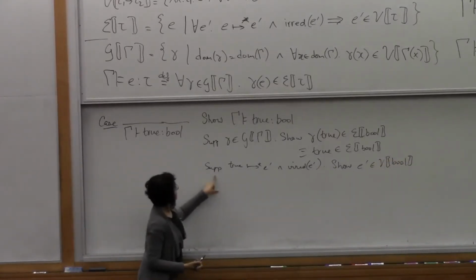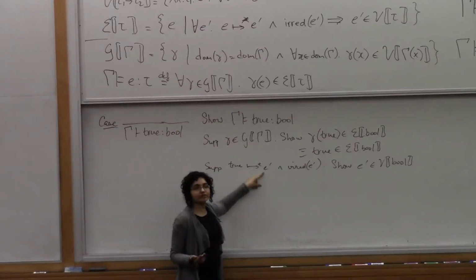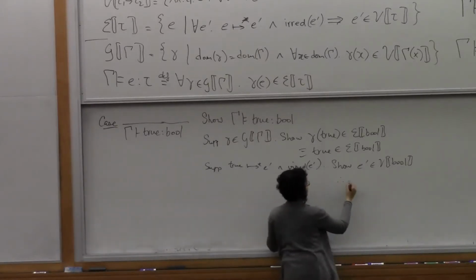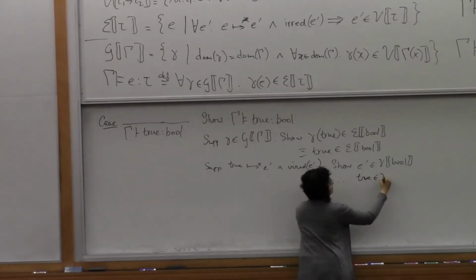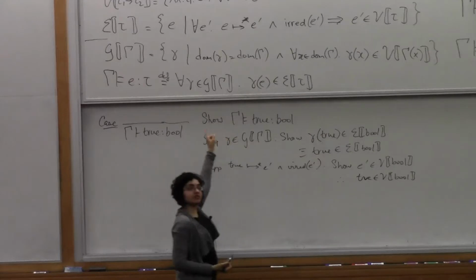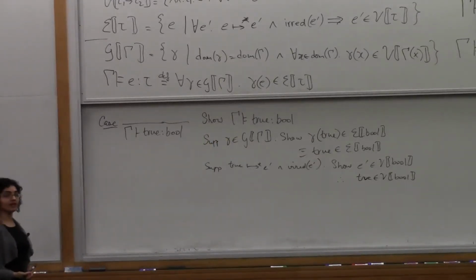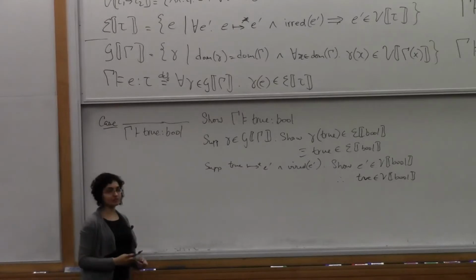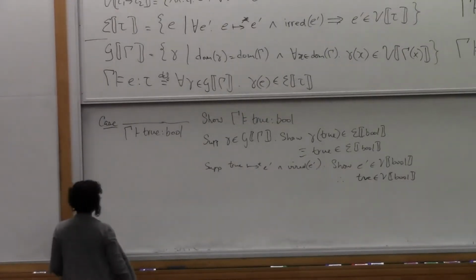But true is a value already, so E prime must be true itself, right? Therefore, since E prime is true, we just need to show that true belongs to V of bool, which is immediate from the definition of the value interpretation of bool, right? Okay. So I just wanted to unwind the definitions to show you how that goes.